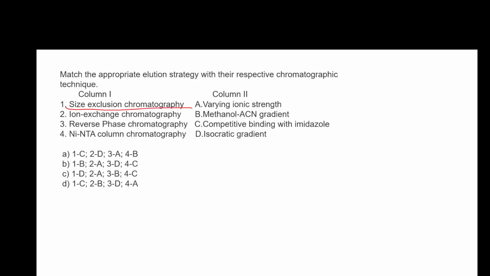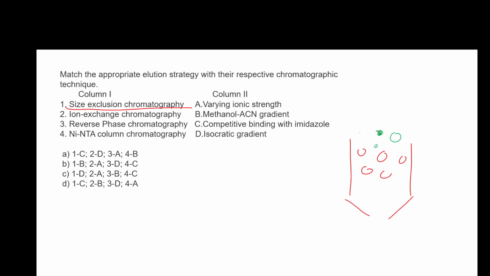The first option, varying ionic strength, does not match with the size exclusion chromatography concept. In size exclusion chromatography, you have a column with beads, and you have proteins to separate, of smaller size and bigger size.